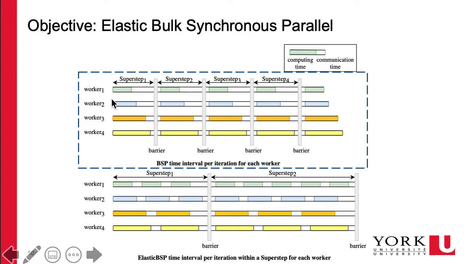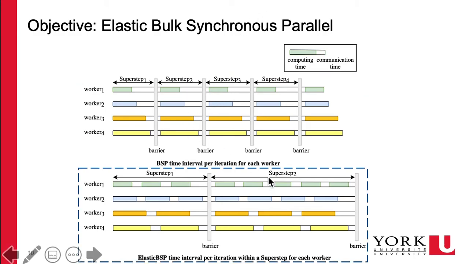Our method is built on Bulk Synchronous Parallel, BSP. In this example with BSP, all the workers have to wait for each other at the end of each iteration, and we call this a super step. The barrier means the synchronization happens here, and the server aggregates the gradients, updates the weights, and sends them back, and then a new super step happens.